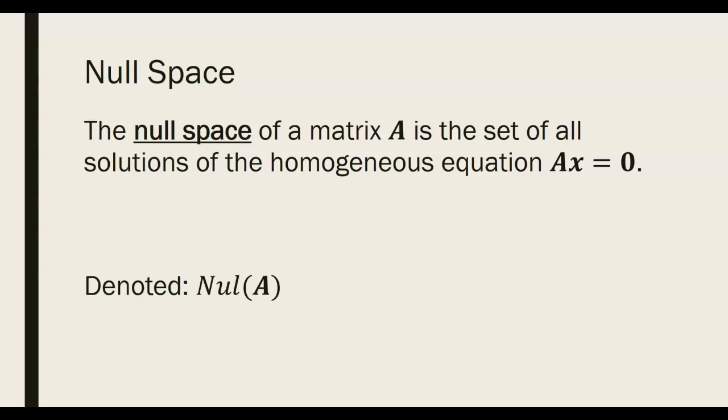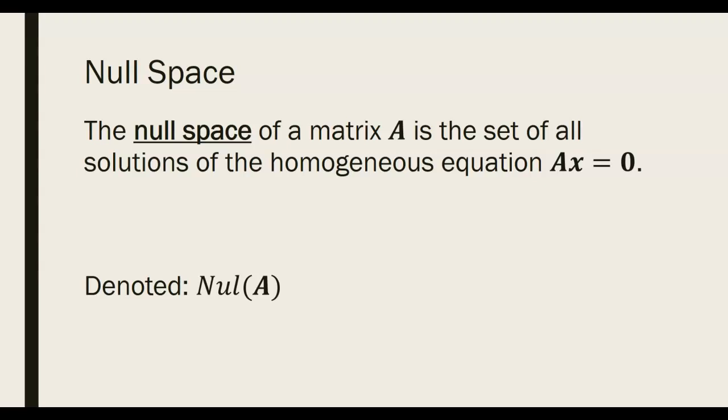So a null space is a very different type of space. It is the set of all solutions to the homogeneous matrix equation AX equals 0. Sorry, I said vector equation. You could write it out as a vector equation if you'd want. I have it here written as a matrix equation.